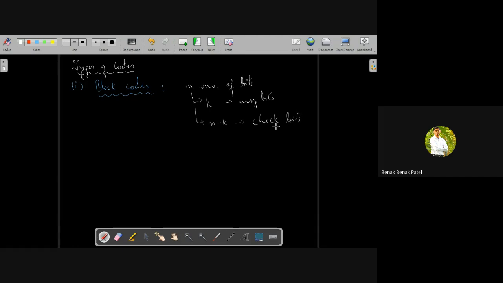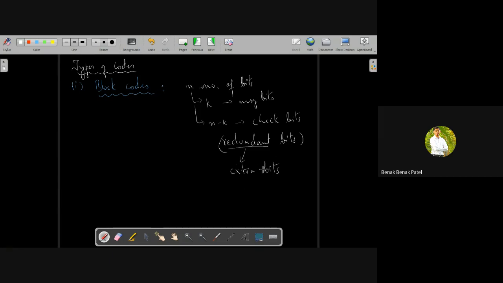These check bits are also called redundant bits, because they are like extra bits that we are trying to forcefully bring in.